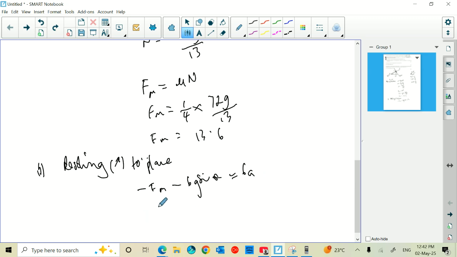So therefore, I know that Fm is 13.6, it will be minus 13.6 minus 6g sine theta.